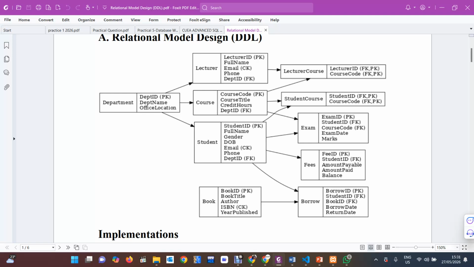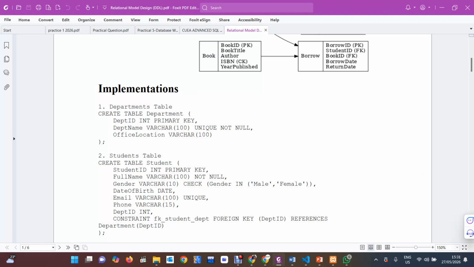So for the book, you have the book ID, the book title, author, ISBN, and the year published. You have the borrow, which is borrow ID, student ID, book ID, borrowed date, and return date. So all these are things that you needed to understand from that. So to start that, I want you to write some lines of code within your SQL or your MySQL area, which should be able to work and operate very perfectly.